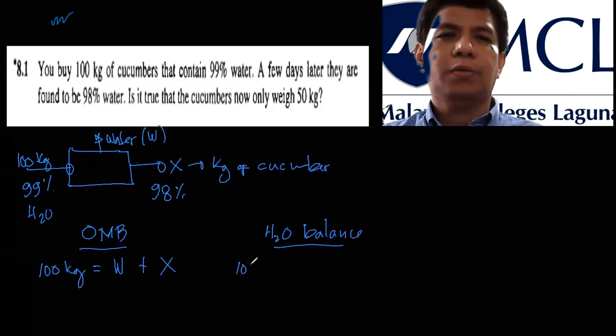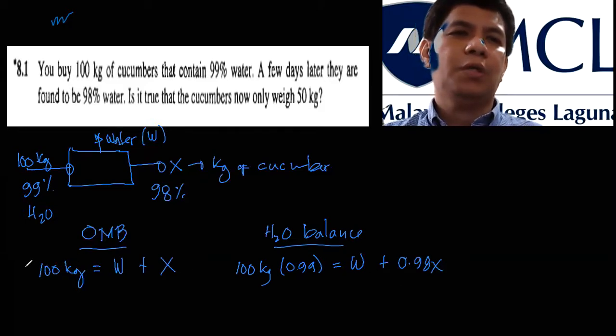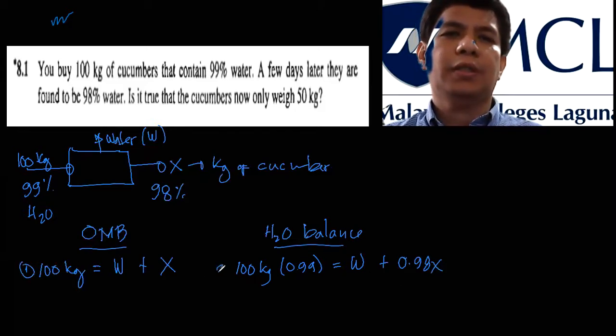So 100 kilogram times 0.99 equals W plus 0.98 times X. So this is a system of two equations. This is the first equation, and then this is the second equation.